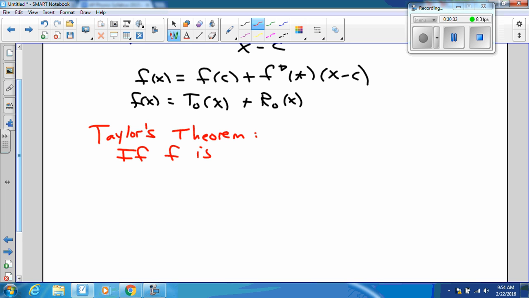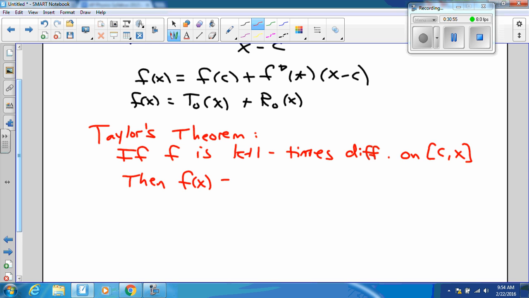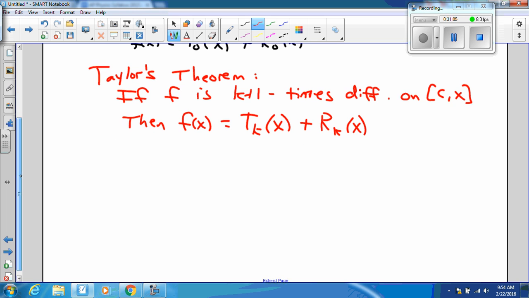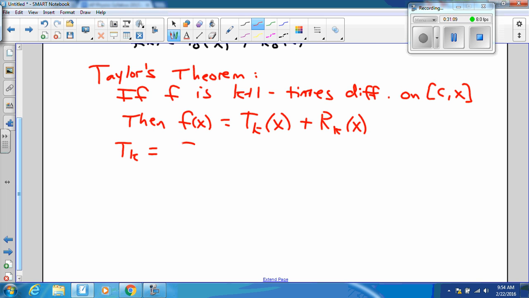If f is k plus 1 times differentiable on the interval c to x (if my x happens to be less than c, we just swap those to x to c), then f of x is going to be equal to T_k of x plus the remainder at x, where T_k is what we have done before, the sum from n equals 0 to k of the nth derivative at c over n factorial times x minus c to the n, our familiar construction for the Taylor polynomial.